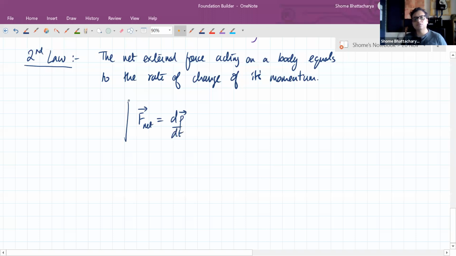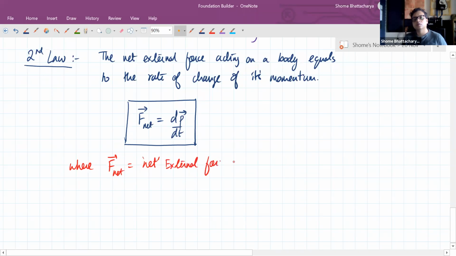So this is where our application of calculus also becomes important. What does rate of change mean? In this statement, what I've written on the left hand side, F net, is the net external force acting on a body.